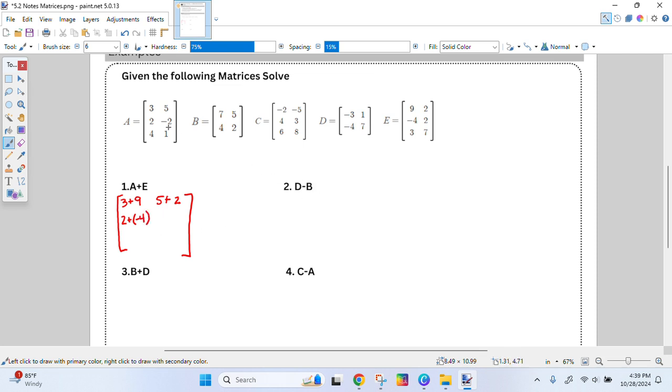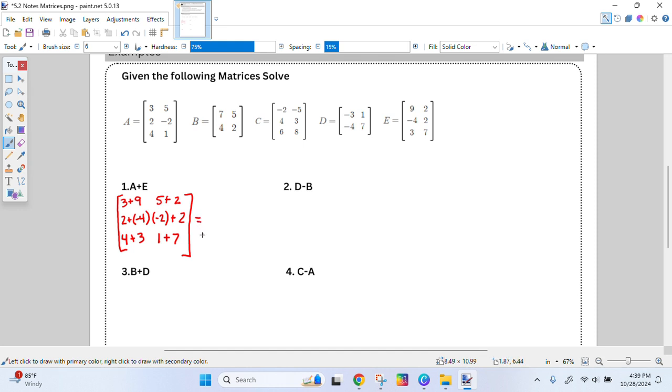And then A has -2, so in parentheses, -2 plus, and then E has +2. I'm literally just writing each entry from the other matrix being added together. They're all individual little math problems that we're going to do here. So 4 plus 3, and then our last one, 1 plus 7.